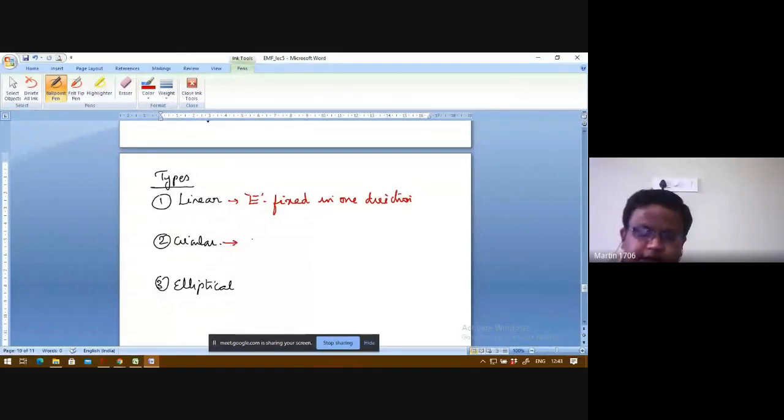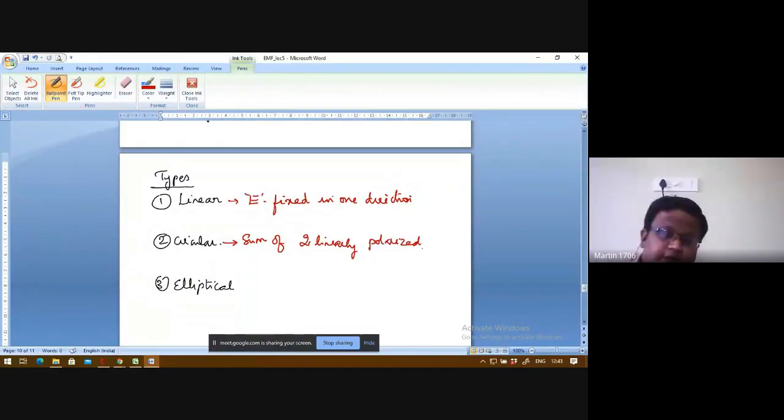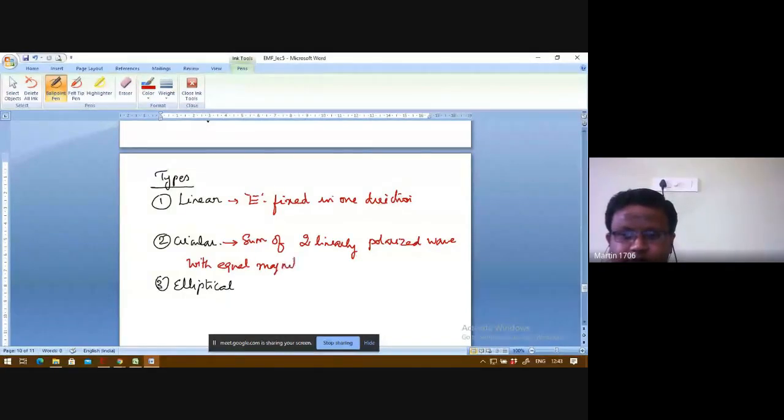Whereas circular polarization is the sum of two linearly polarized waves with equal magnitudes.